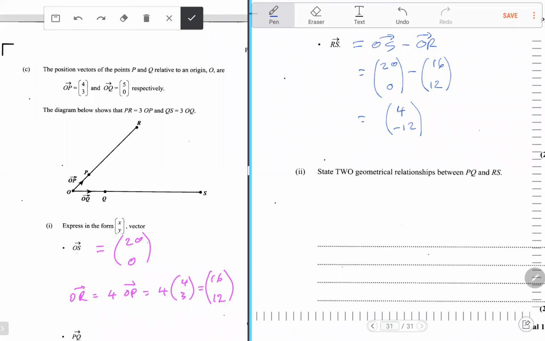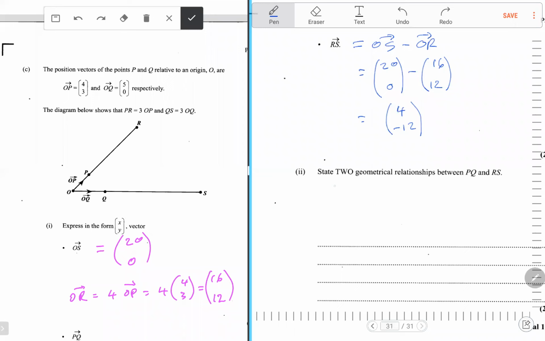Then it says state 2 relationships between PQ and RS. Once you are asked for a relationship between lines, it is that they are parallel, which we have to show, and the relationship of the length of the lines. So let's write out what we know.